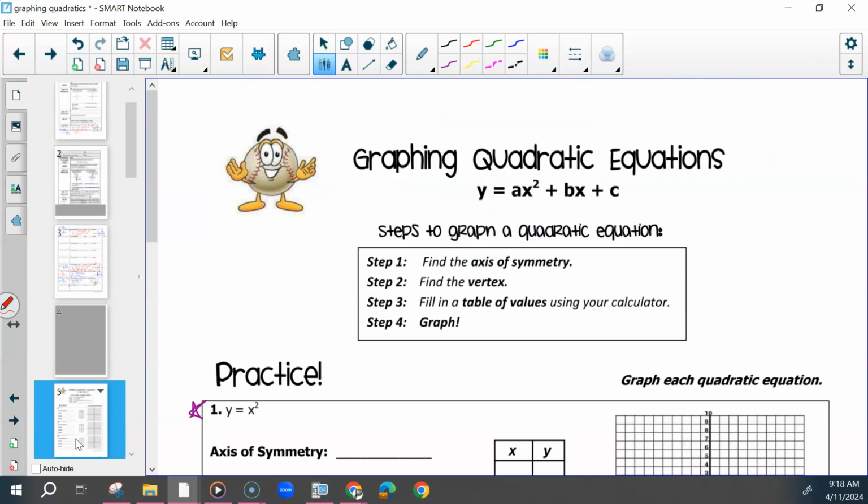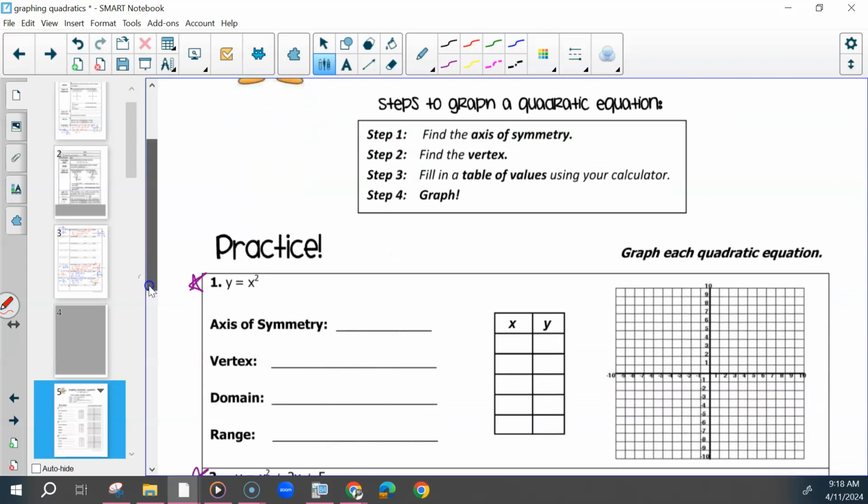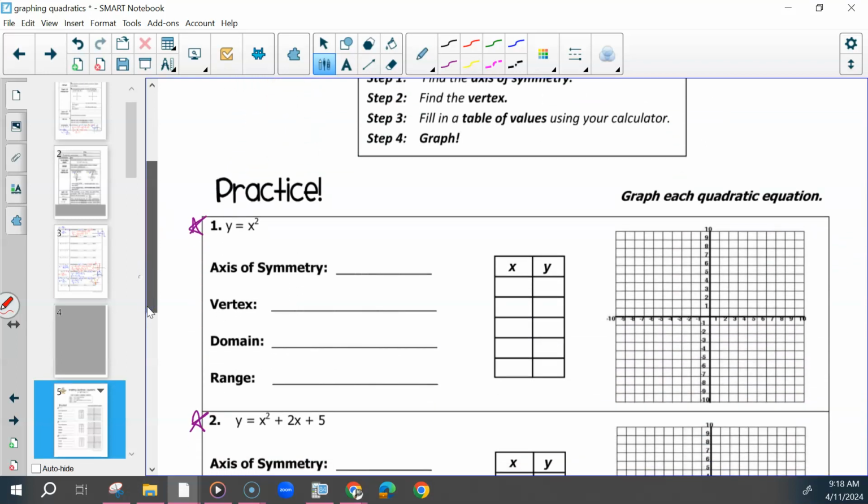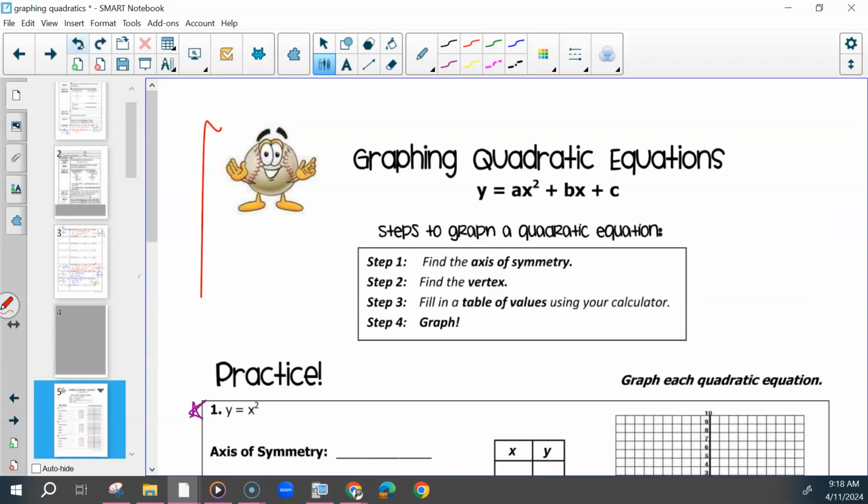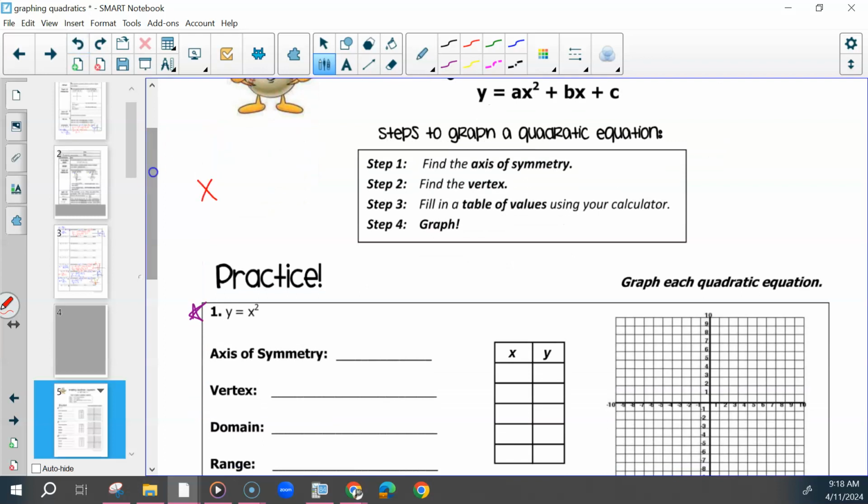Still going to find the axis of symmetry and vertex, but then we're also going to graph this like we should do. So I'm going to rewrite our axis of symmetry formula.